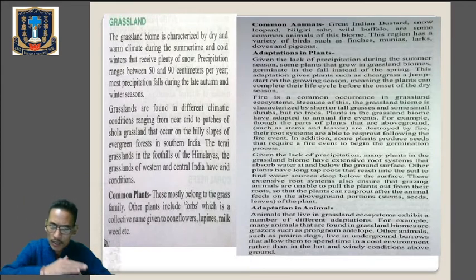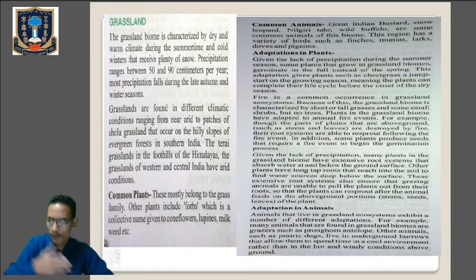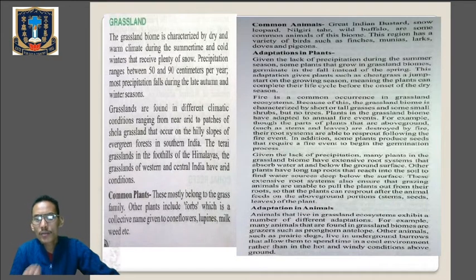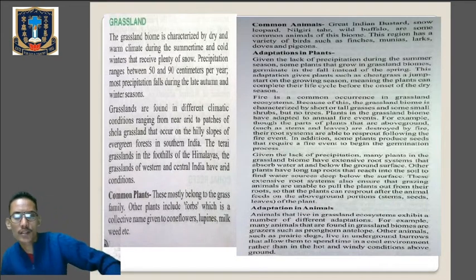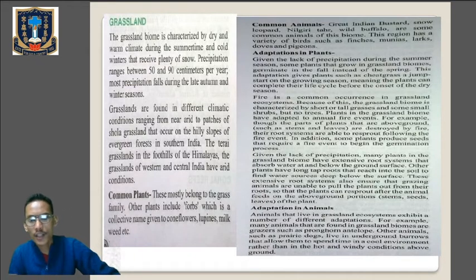Though the stems and the leaves are destroyed by the forest fire, the root systems can again resprout, again germinate, and again produce the seeds. Okay, so this will require a fire event to begin the germination processes. So this is one of the most important features present in the plants of the grasslands.